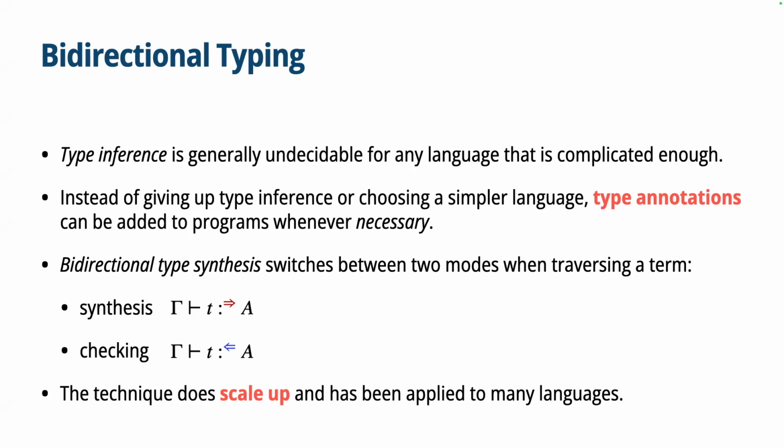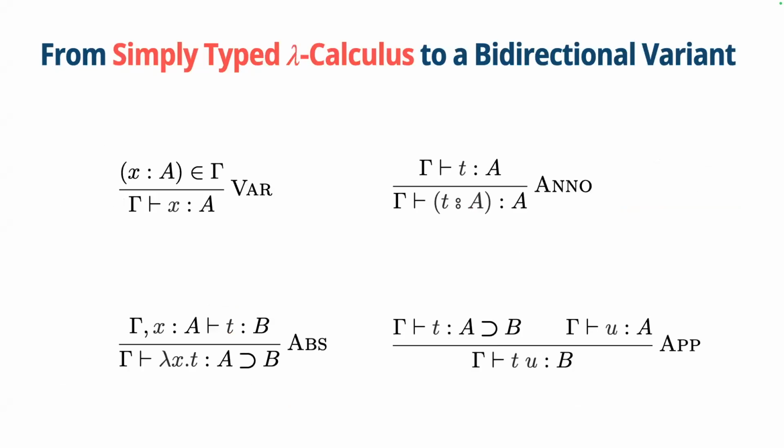I'll go into some more details, but I have to say that this technique has been applied to many different languages, even dependent type languages, and also in some proof systems. Let's start from a very simple thing like simply typed lambda calculus with annotations.